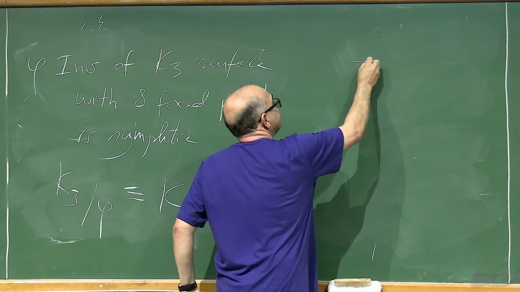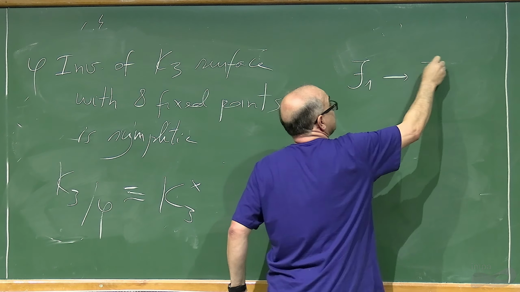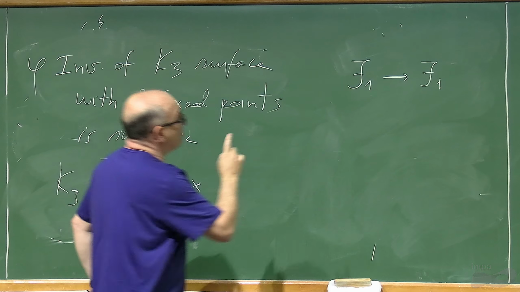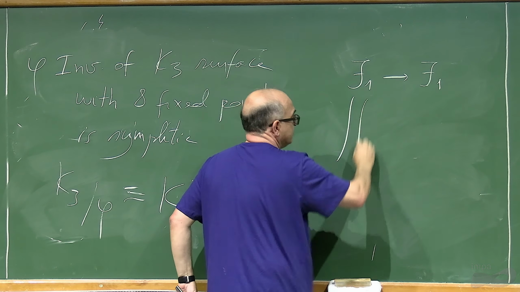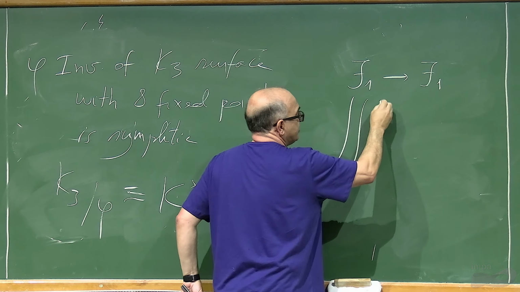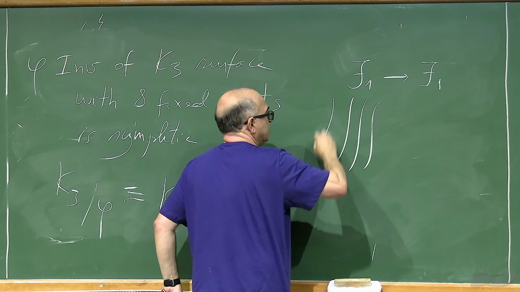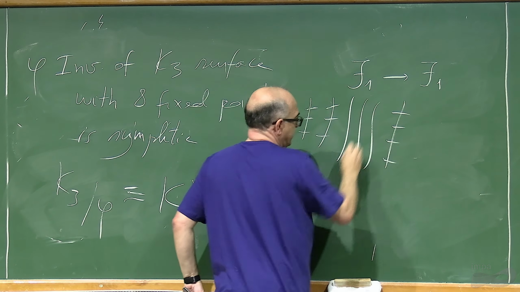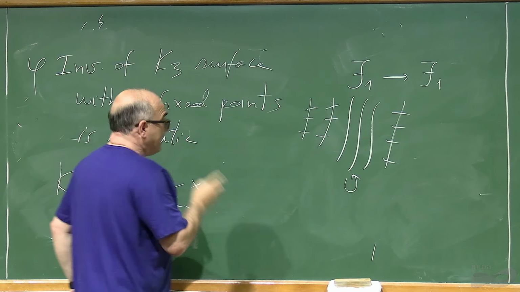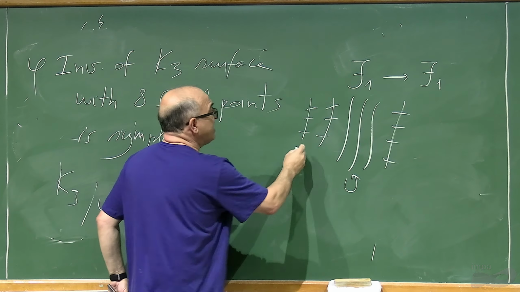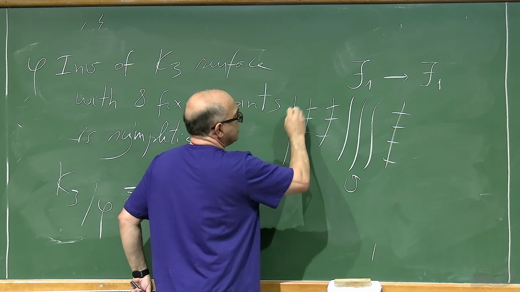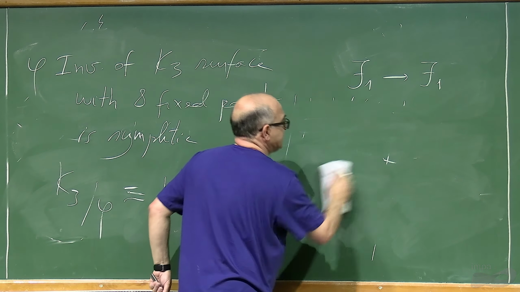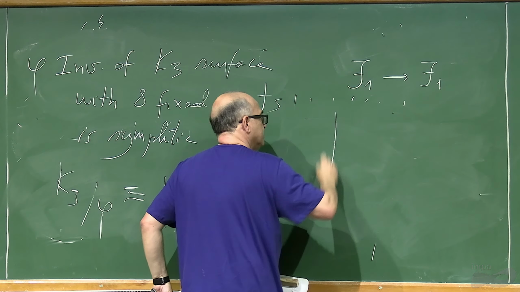In our case, we have more. Q preserves F1 because it preserves any foliation in the Lins Neto family, but more, it preserves each fiber of the fibration F1. Each fiber is preserved. Let's pass to the K3.